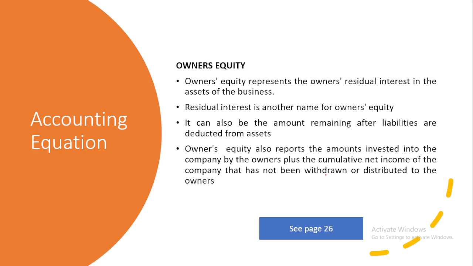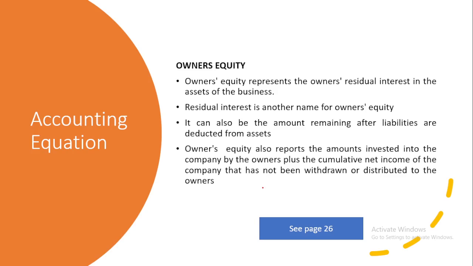And if you withdraw, we also represent that the owner got to withdraw, so we call it a withdrawal account. So we say, okay, the owner withdrew this much from the profit or from the money of the company. And if you put in capital, we have a capital account to say that the owner put more capital in the business, this is how much, and that amount is now sitting in the bank on the asset side.